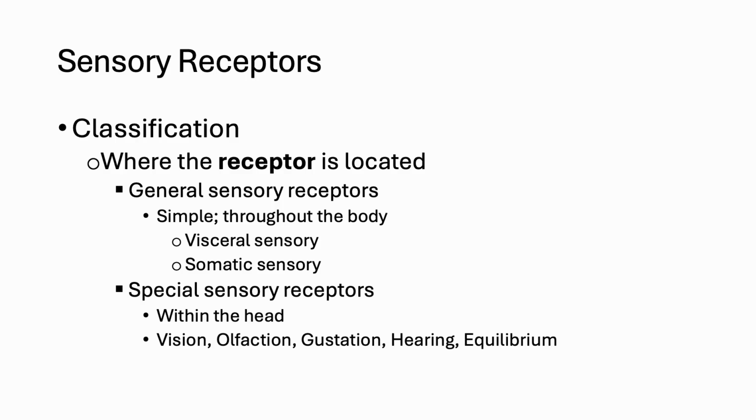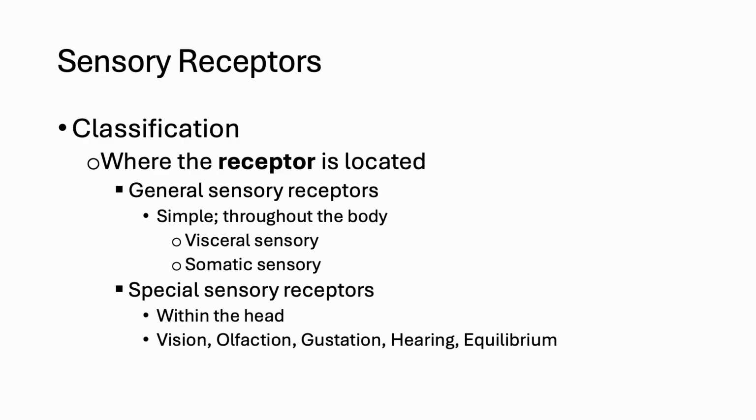So these are part of our somatic sensory in our skin and in our mucous membranes. We also find somatic in our muscles, in our tendons, and in our joints. The kinds of things they're detecting are pressure, stretch, temperature, and also pain.